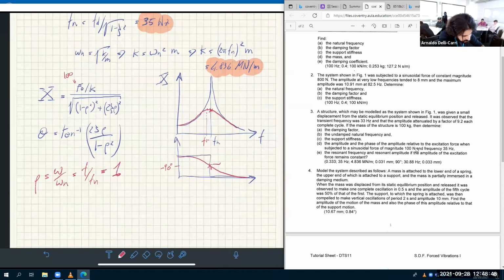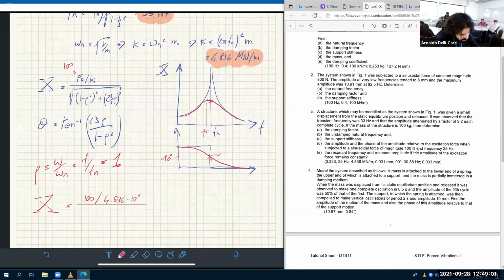And so x is just 100 over 4.836 times 10 to the power of 6 newtons per meter, divided by the square root of 1 minus 1, 0, plus this is 2 zeta squared, which is 4 zeta squared rho squared. Agreed? Which is just 2 zeta rho in the end. Let me do this.